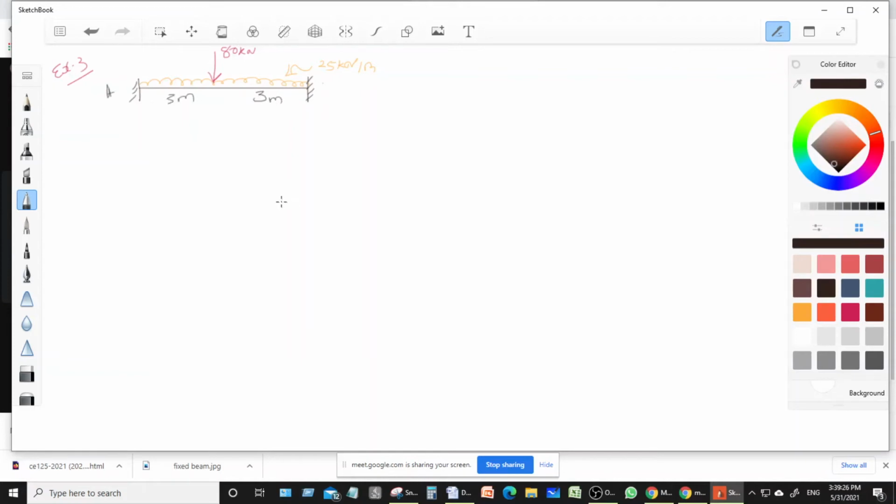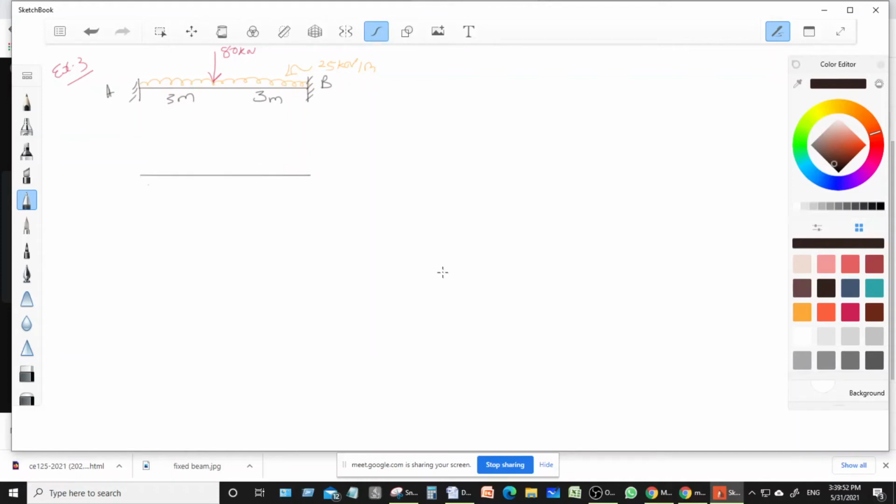So now we want to find out the bending moment diagram of this beam. So how to solve this beam? Let me just convert this beam. First of all, we convert the fixed beam into a simply supported beam. And see, we have two types of loading.